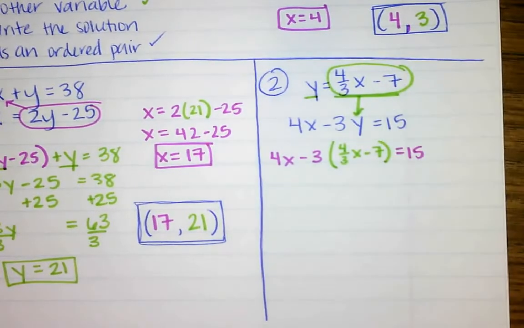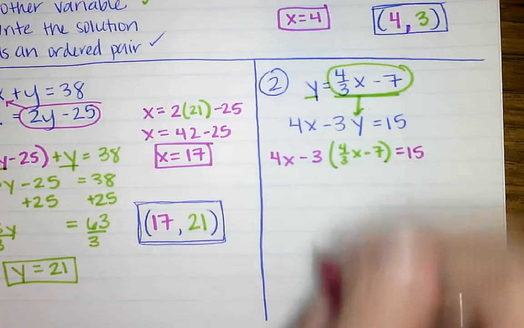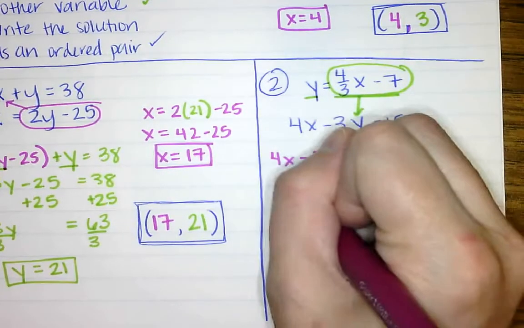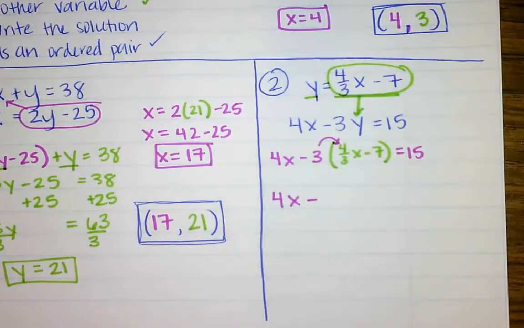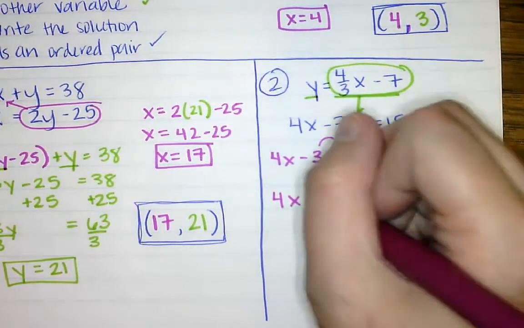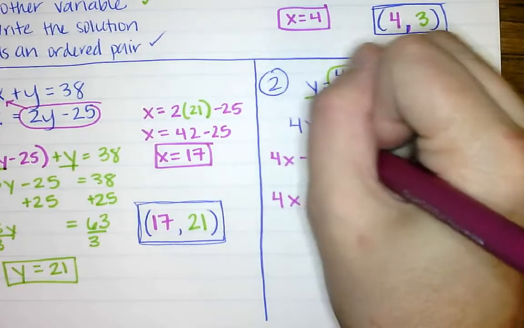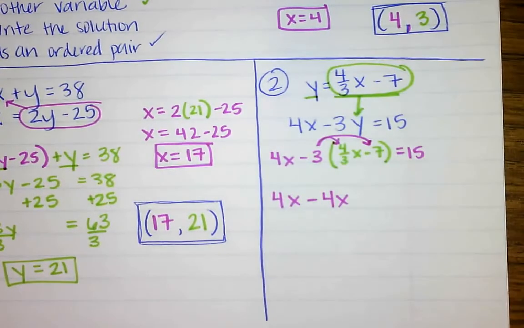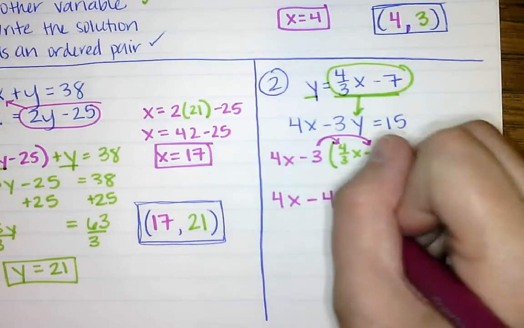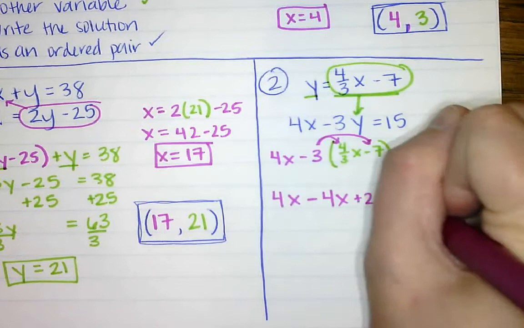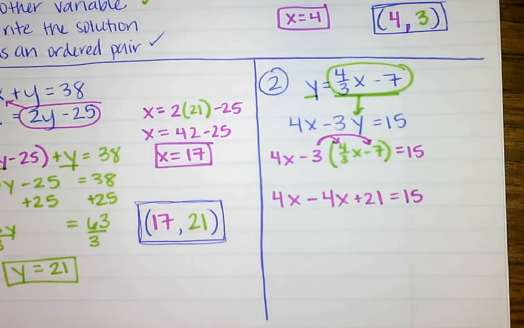So then that becomes 4x minus, negative 3 times 4/3 is going to give us negative 4x, and negative 3 times negative 7 gives us a positive 21. And that is going to be equal to 15. But what happens here, y'all? What happens to my 4x minus 4x?